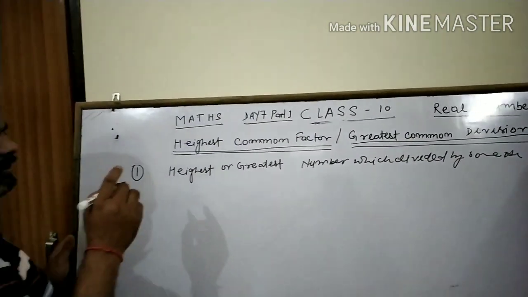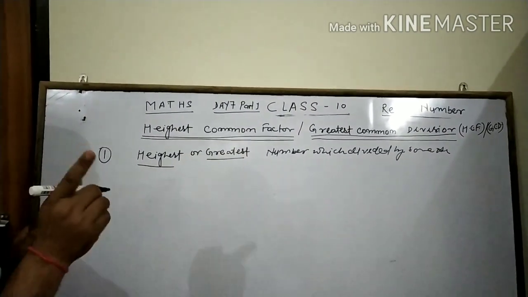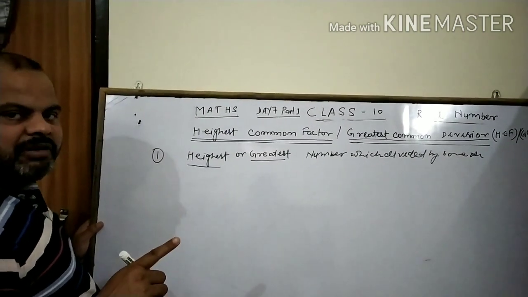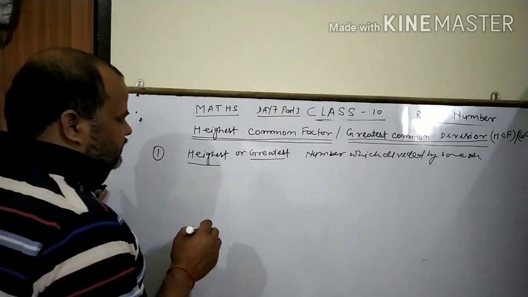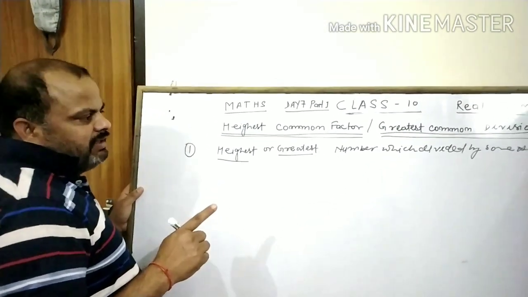Then when in the question it is asked about highest and greatest, you must find the highest common factor or greatest common divisor. Both are the same thing. Highest means HCF. You must find HCF.